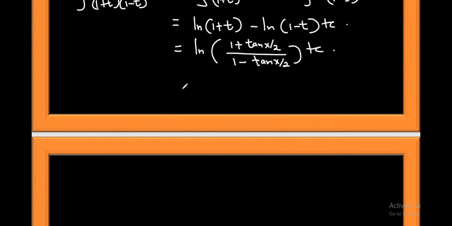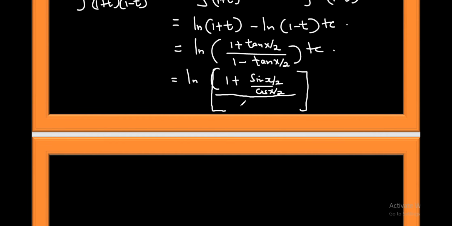So we need to remember that tan x out of 2 is the same as sin x out of 2 over cos x out of 2. That's what I'm going to use. So it means we shall have a natural log of 1 plus sin x out of 2 divided by cos x out of 2, all this in a bigger bracket, divided by 1 minus, again, sin x out of 2 divided by cos x out of 2.